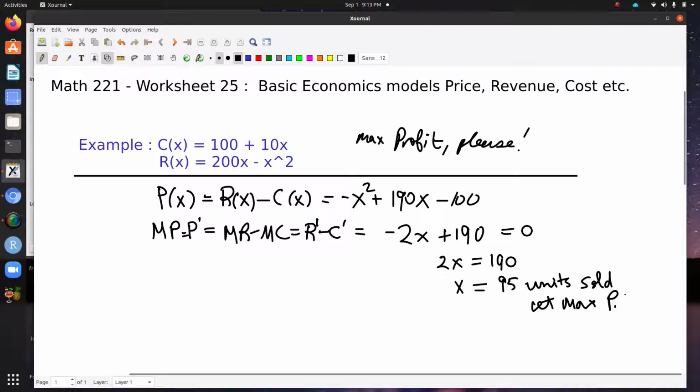Okay, and since this is an economics exercise and it's a downward facing parabola, you don't actually have to go through the second derivative test or the first derivative test to prove that that's a max, because you already know it's one of these. There's the max. So when these kinds of questions come up, even in an exam setting, I don't usually dock points for people not doing the second derivative test or the first derivative test to prove that's a max, because it's clear.